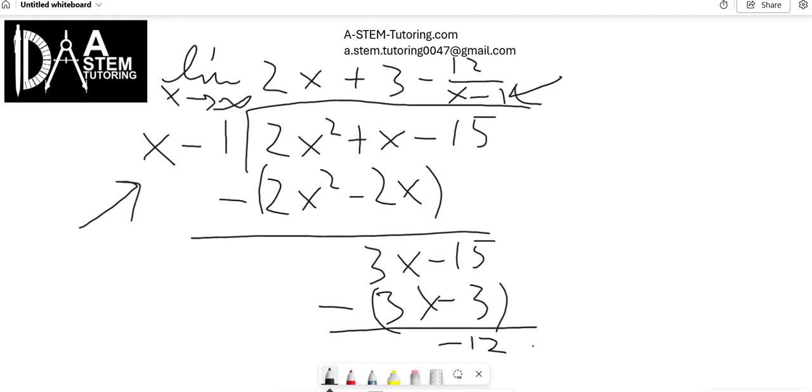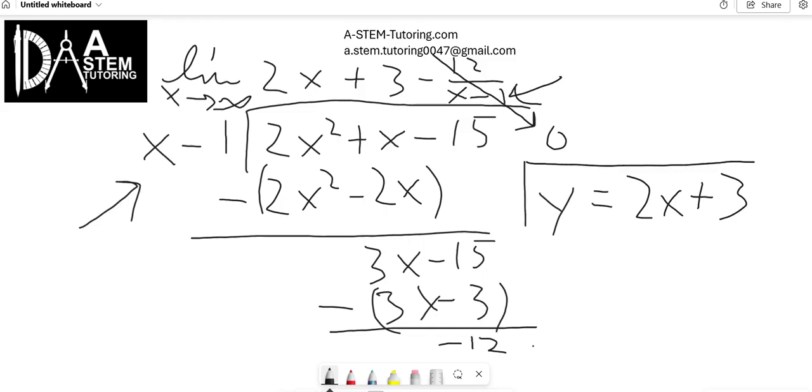So in the limit as x approaches infinity, this tail end drops out. We can approximate it as 0. And we have a slant asymptote of y equals 2x plus 3. This should be our slant asymptote. Let's verify that by graphing it on Desmos.